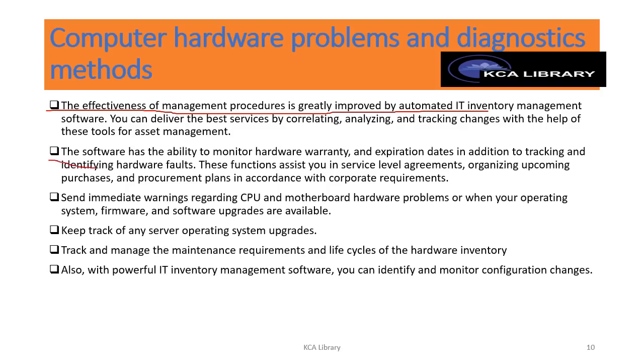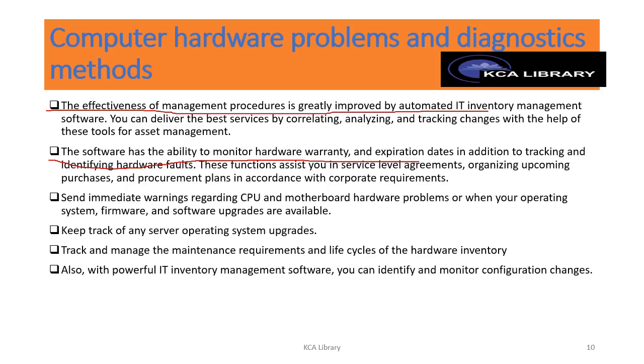Another thing is the software has the ability to monitor hardware warranty and expiration dates in addition to tracking and identifying hardware faults. These functions assist you in service level agreements, organizing upcoming purchases, and procurement plans in accordance with the corporate requirements.